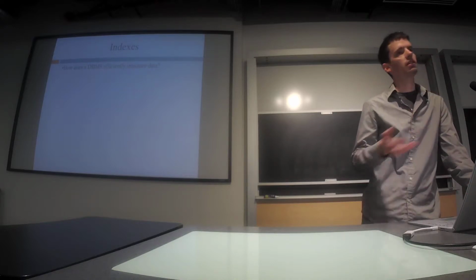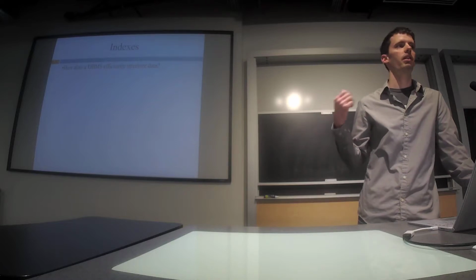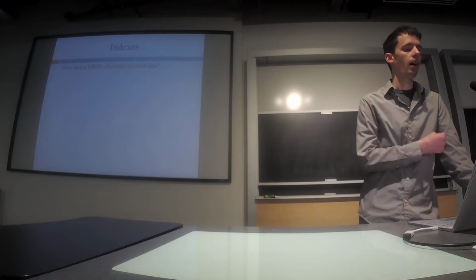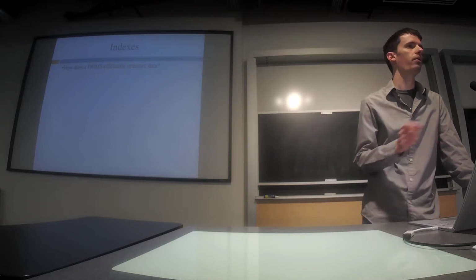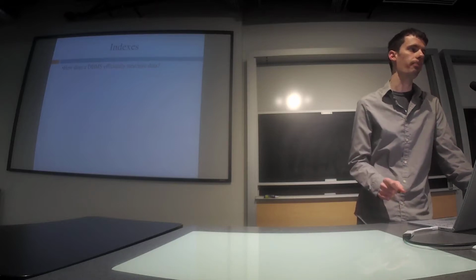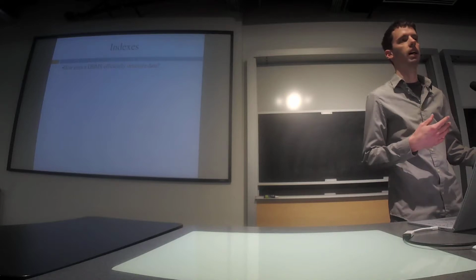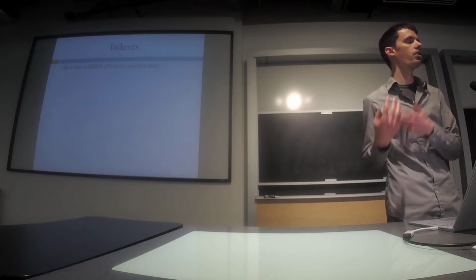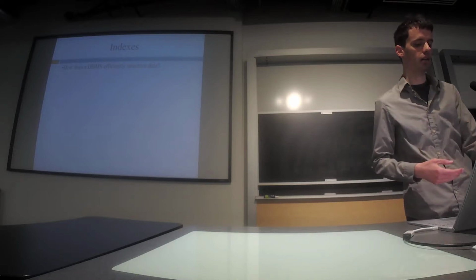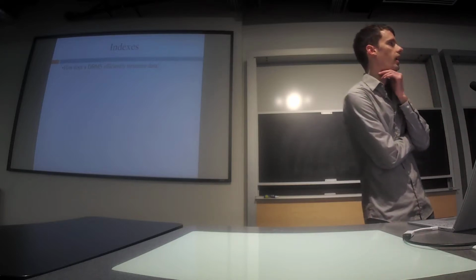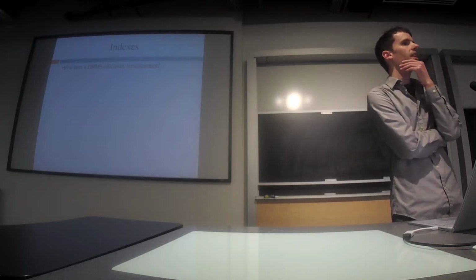And then another time you want to select a bunch of information from a table based on a person's age. How do you efficiently support both of those kinds of queries, right? If the table was sorted on name, great, you can efficiently find people based on name. If it's sorted on age, you can efficiently find people sorted on age. But it can only be one or the other.